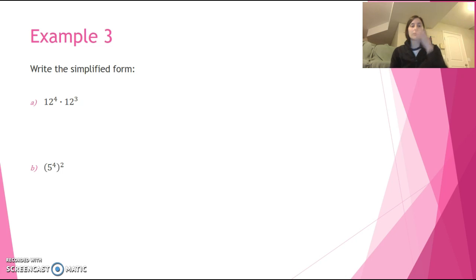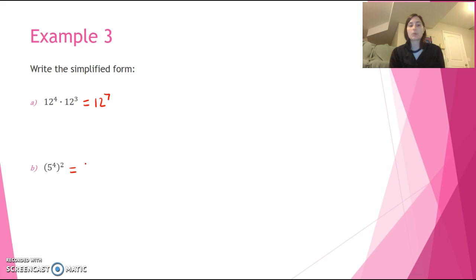So here's our first examples. We're going to write the simplified form. Since these are the same base of 12, I'm going to do 12, and then it's going to be 4 plus 3. So that would be 12 to the 7th power. If it says evaluate, we would figure out what 12 to the 7th power is. Here we have a power to a power, right? 5 to the 4th to the 2nd power.